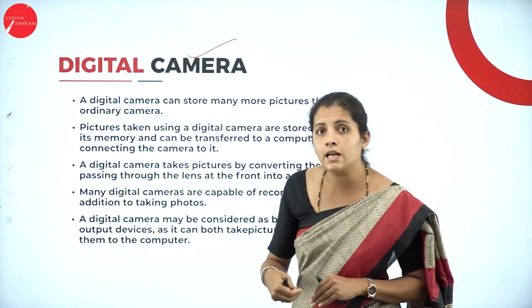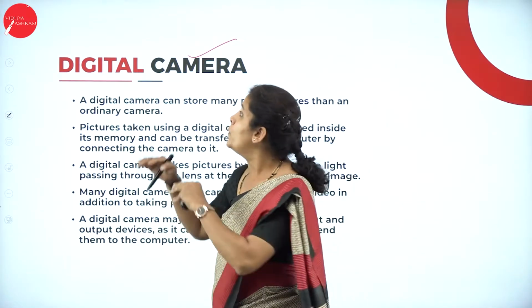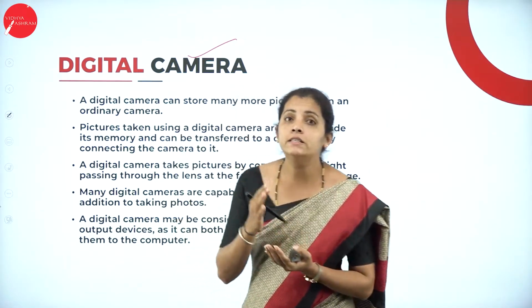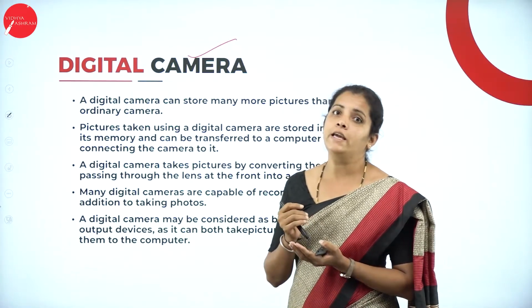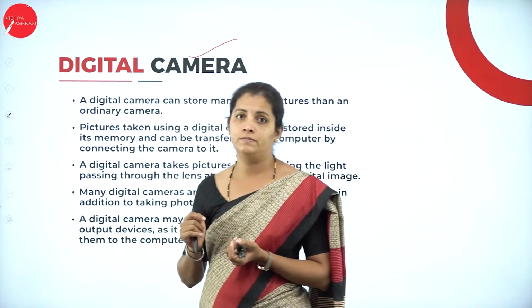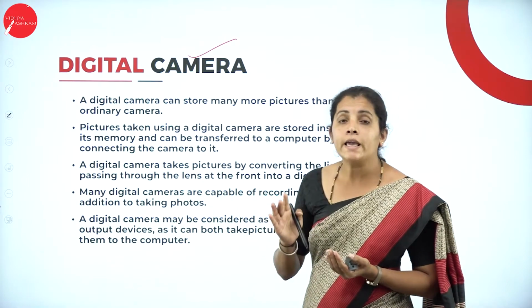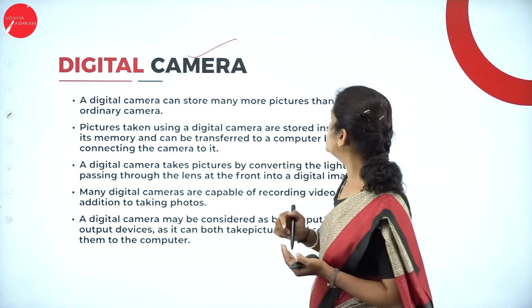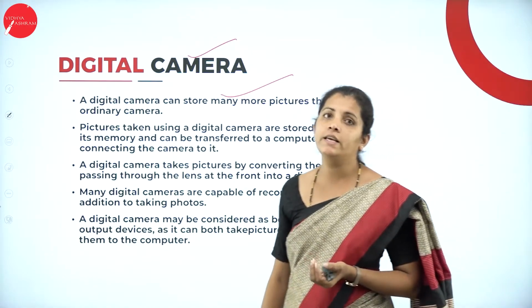What is a digital camera? What is the use of a digital camera? We all know that the digital camera is mainly used to capture images or take photos. Dear students, a digital camera is capable of storing many more pictures than an ordinary camera.